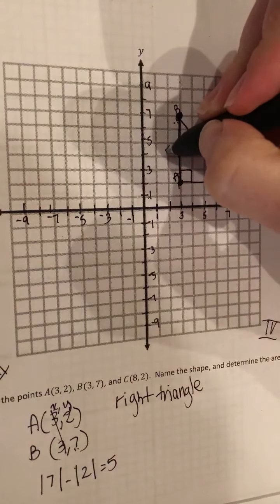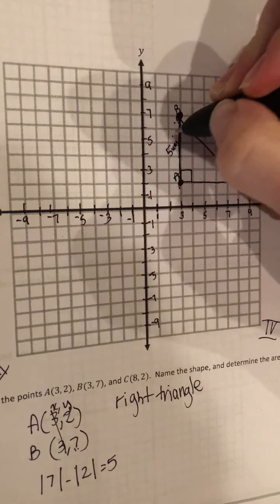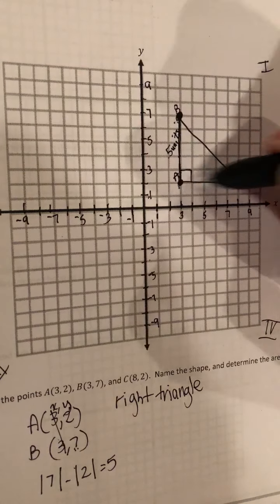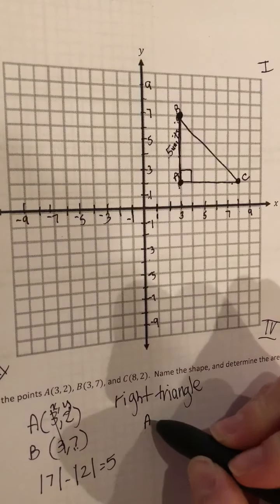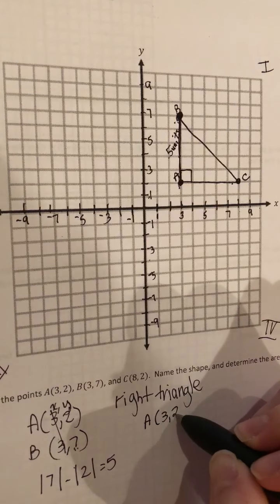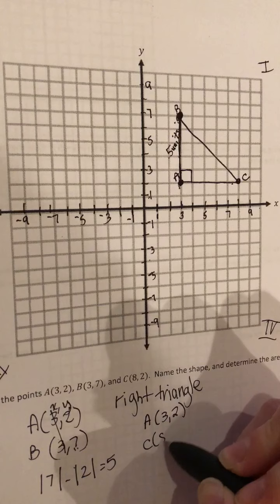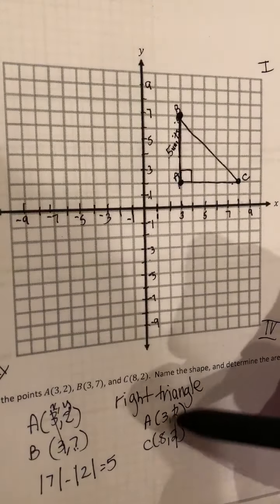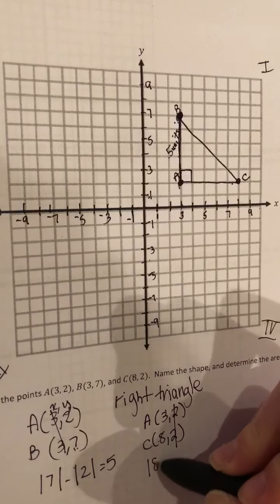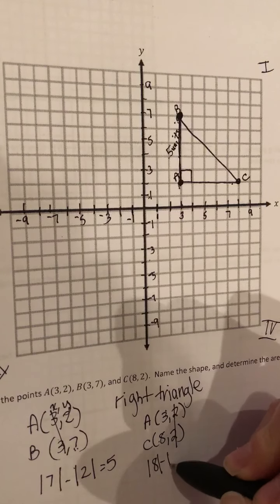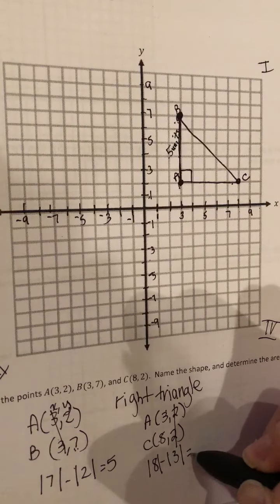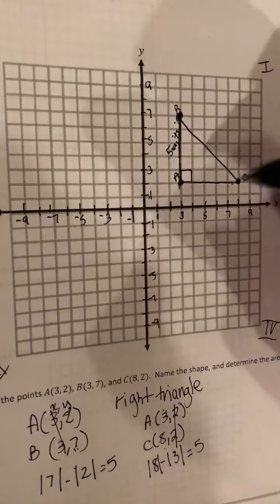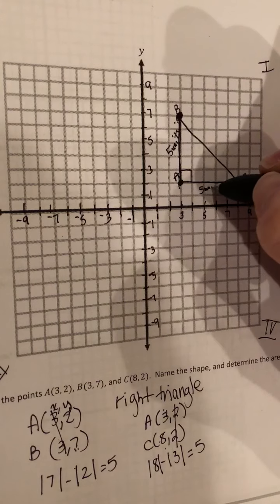So this is 5 units, and the height is 5 units, and A to C, I'm going to use absolute value. A is (3, 2), C is (8, 2). Cancel out the ones that are the same sign, subtract, different, add. So it's same sign, they're both positive, so 8 minus 3 is 5, so 5 units.